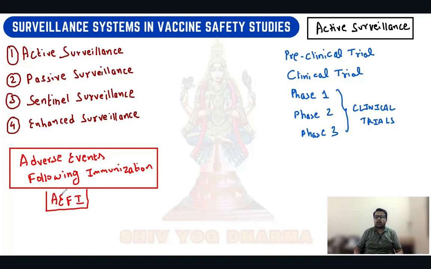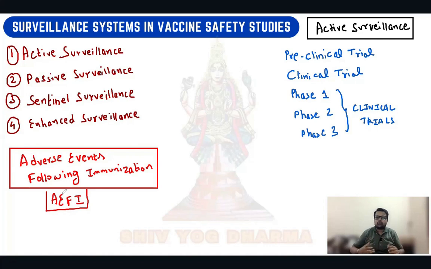But unfortunately, this doesn't happen. Every vaccine, no matter how advanced, no matter how advanced the technology it is made with, might exhibit some adverse events following immunization. That is where the vaccine safety concern plays a role.